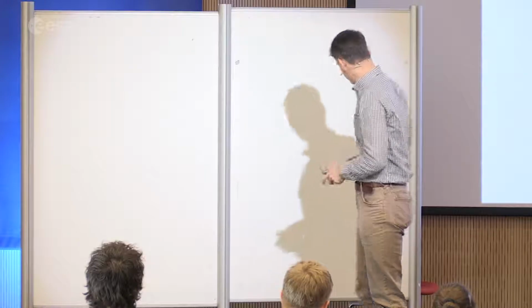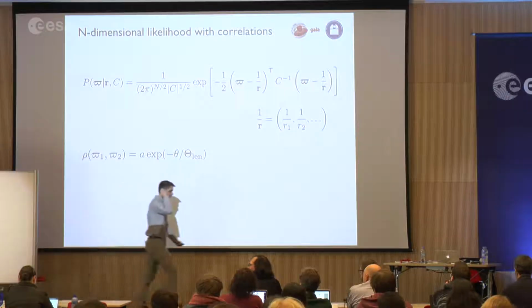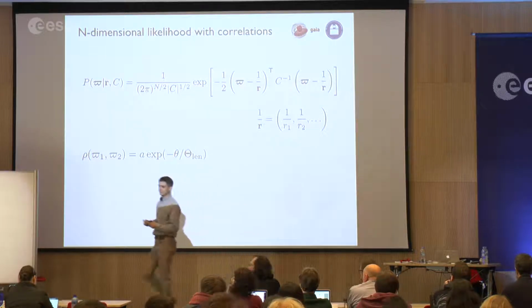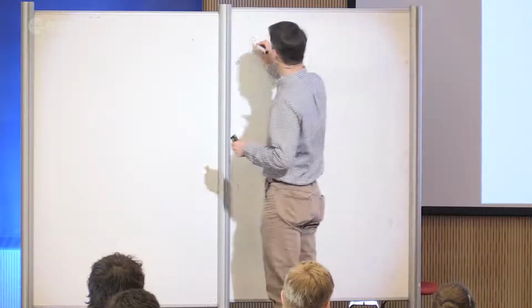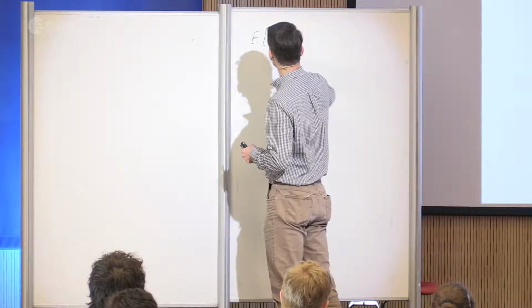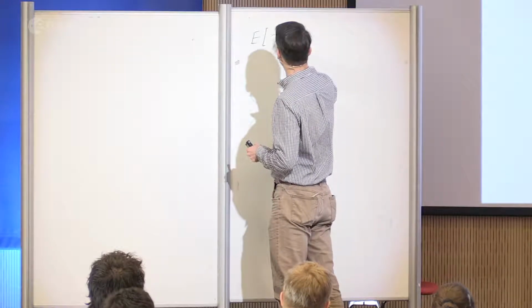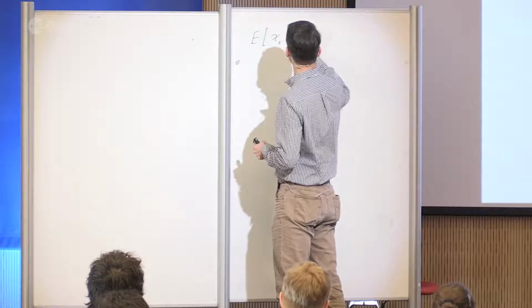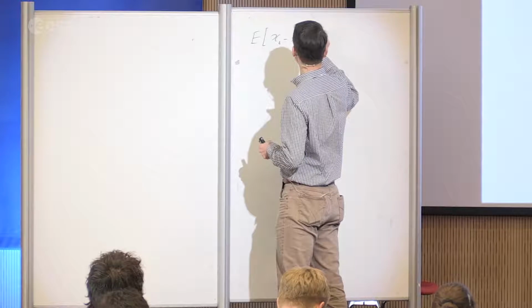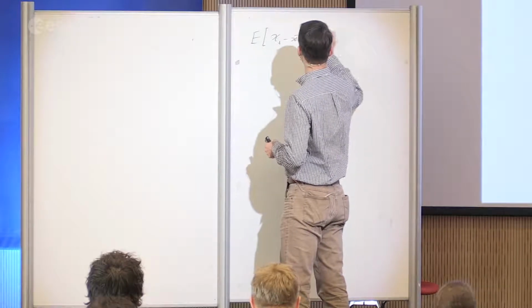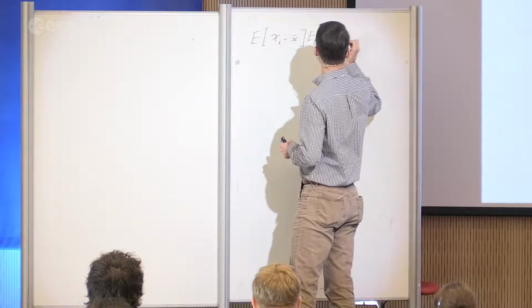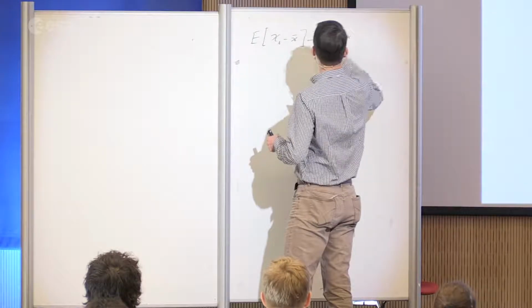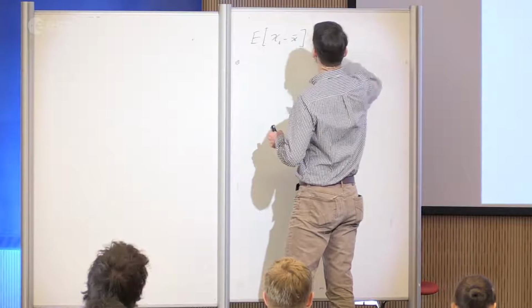So if I write down the definition of covariance, it's the expectation of x1 minus its mean, times x2 minus its mean.